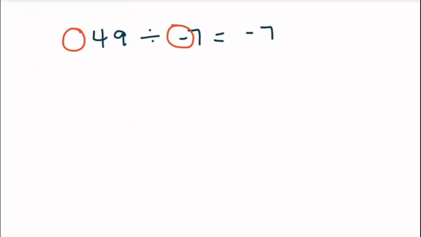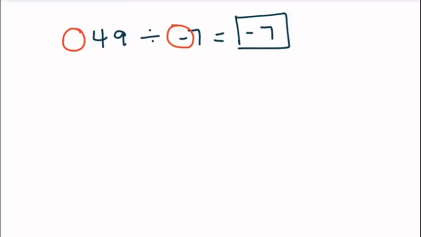Let's do a few examples with dividing them. So 49 divided by negative 7. So we know that 49 divided by 7 is equal to 7. But when there is one positive sign and one negative sign, that makes the answer negative. So our answer is negative 7.